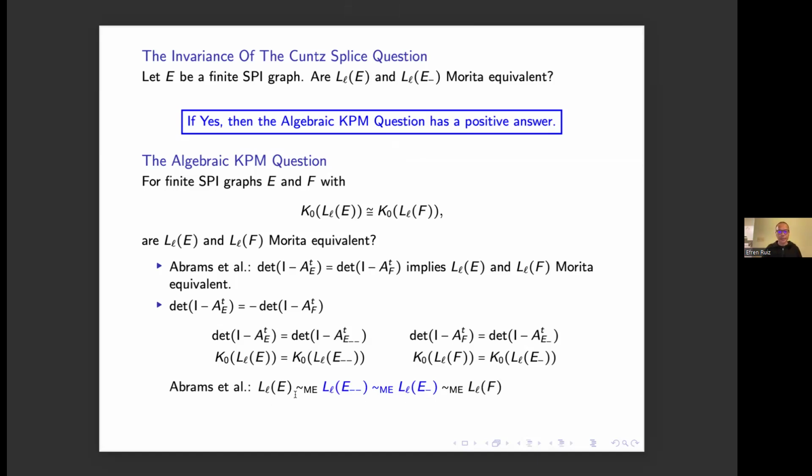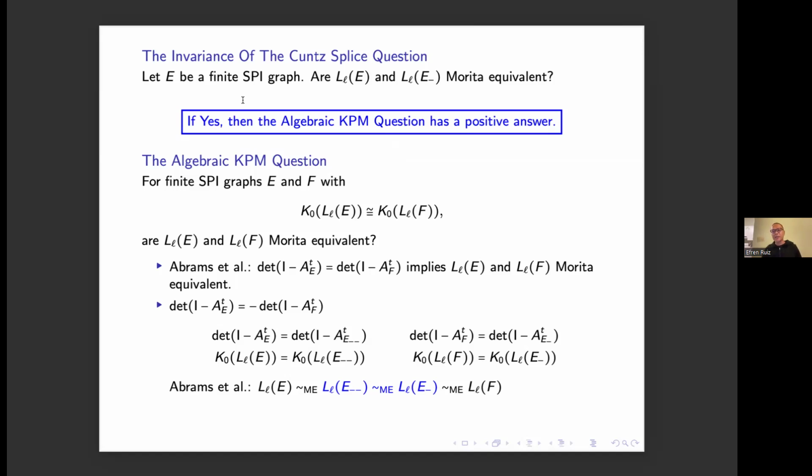So this is Abrams and his co-authors here, and in blue is the invariance of the Cuntz-Splice question. So here I just argued that if we have the invariance of the Cuntz-Splice question, then we do have a positive answer to the algebraic Kirchberg-Phillips Morita question.